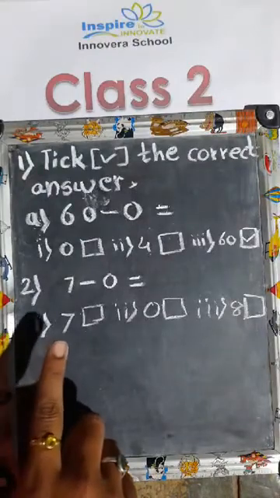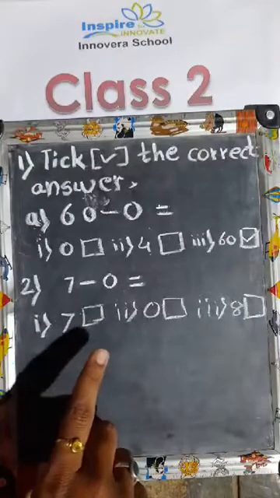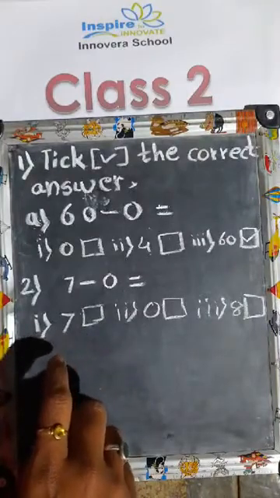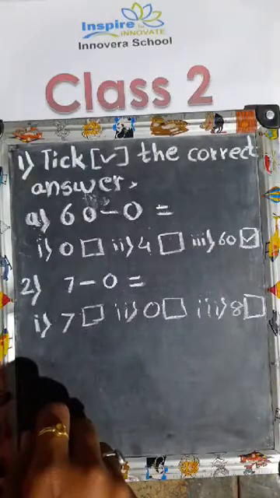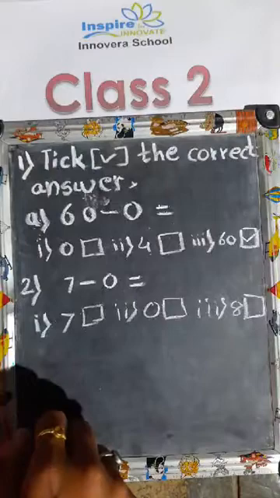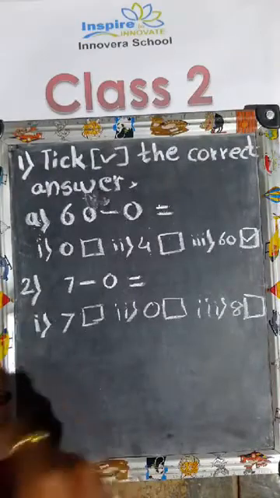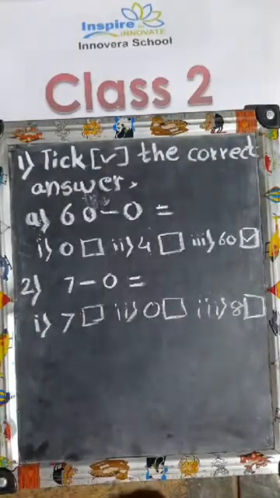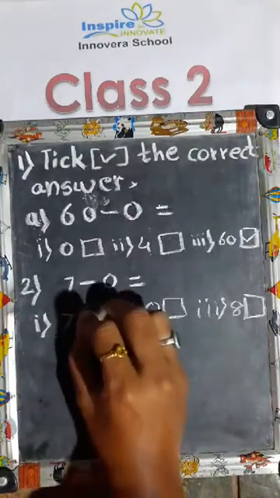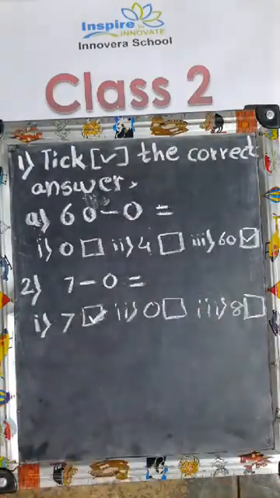Suppose, just as an example, your mummy has given you 7 chocolates and your brother is asking you to give him some, and you are giving 0 to your brother. So, how many chocolates are left with you? The number itself, 7. So, that is our answer. So, you are going to tick option 1. Is that clear for you all? Okay.